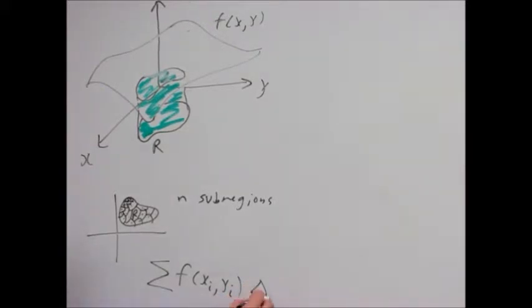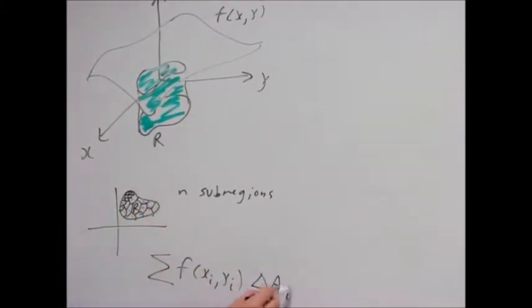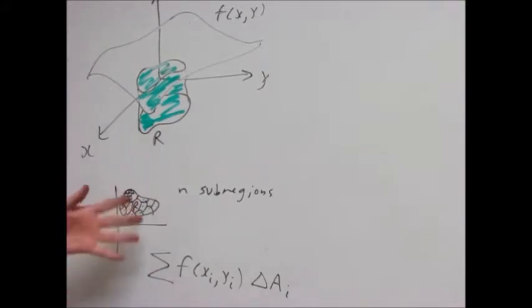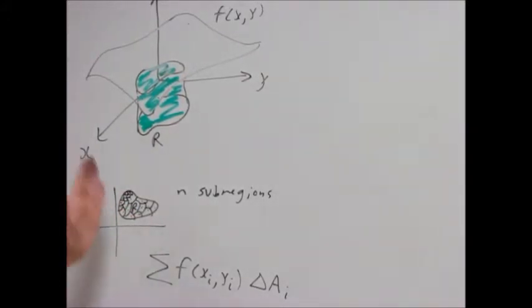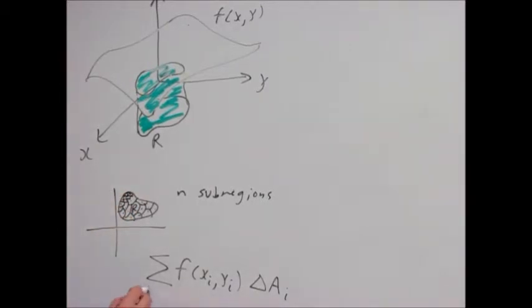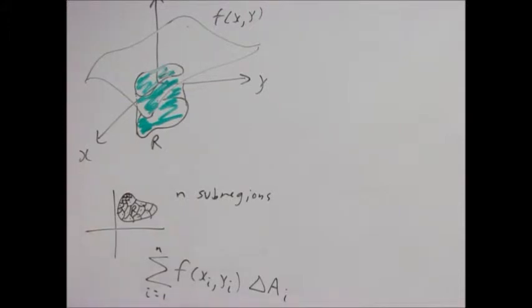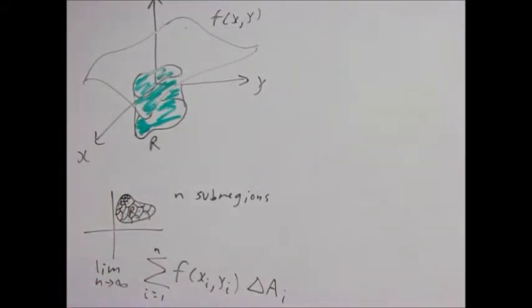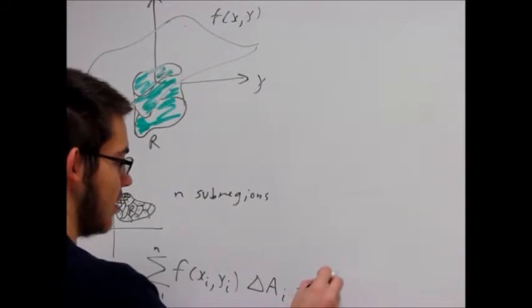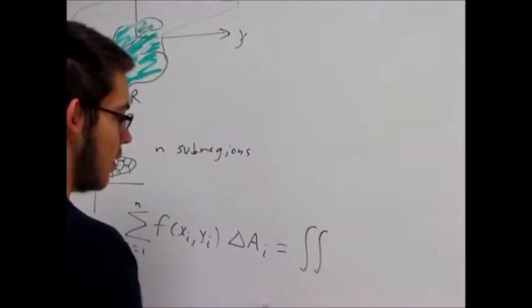So delta A, for each one of these, delta A_i. Each one could be the same area, but it could be a different area depending on how you slice this region. i equals 1 to n. And that will give you an approximation of the volume, and then we say, well, as n goes to infinity and we get smaller and smaller subregions, this will approximate the true volume, which is the double integral.